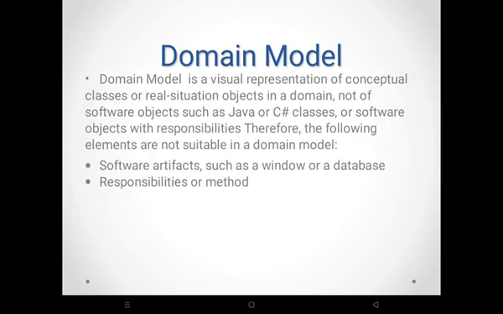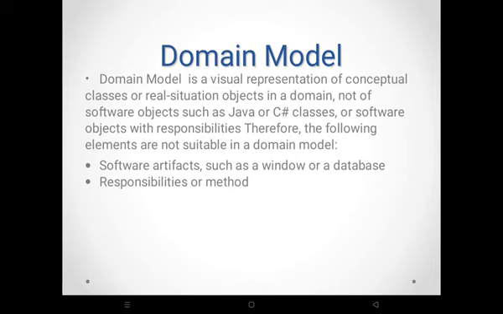Then what are the elements not suitable for a domain model? We discussed that a domain model is the visual representation of conceptual classes, not a software object such as Java or C# classes, or software objects with responsibilities.